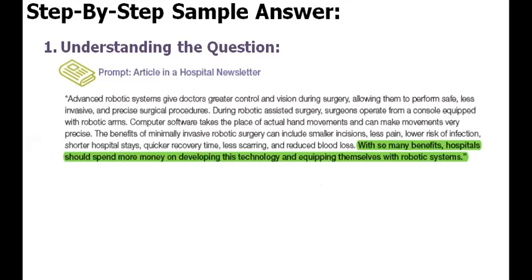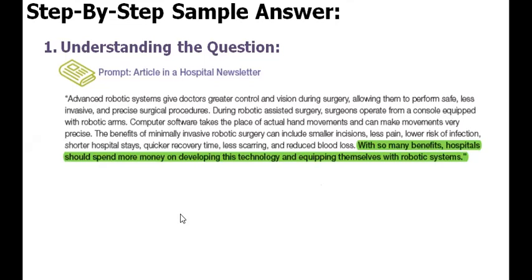So let's look at this particular question that we're going to work with today. It says, advanced robotic systems give doctors greater control and vision during surgery, allowing them to perform safe, less invasive, and precise surgical procedures. During robotic-assisted surgery, surgeons operate from a console equipped with robotic arms.